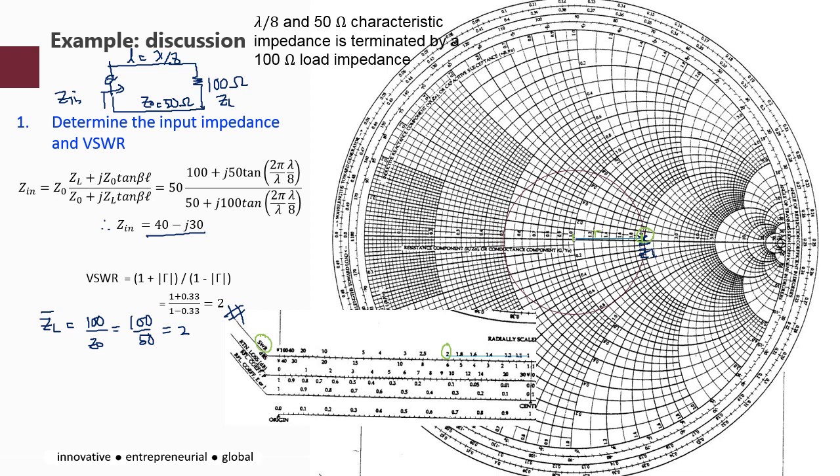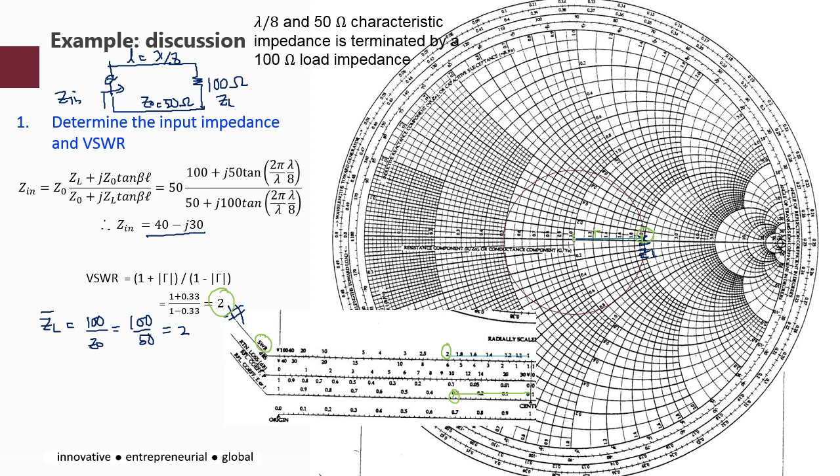And if the question asks about the reflection coefficient, bring down the same radius there and you'll get the reflection coefficient. So you get the SWR equal to 2, the same as the calculated value.